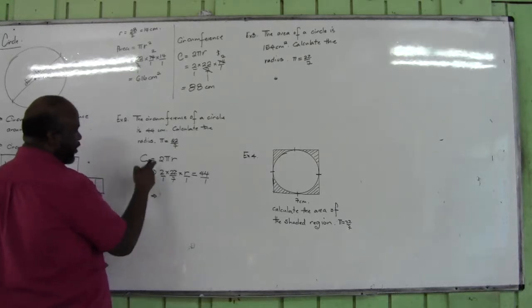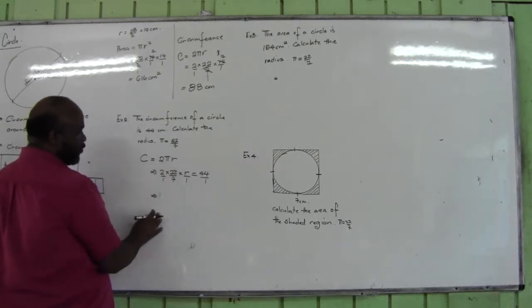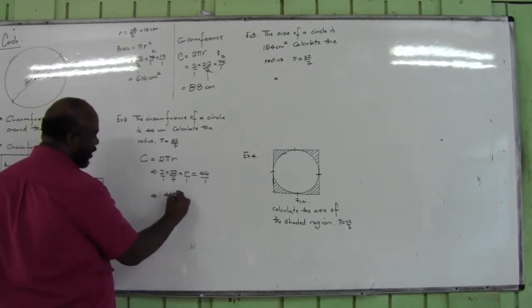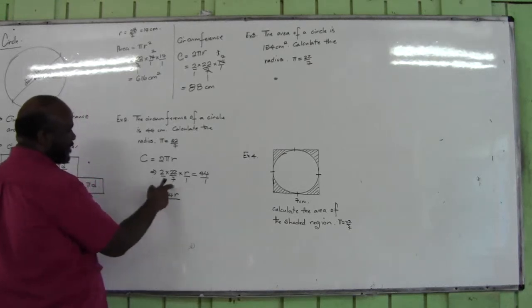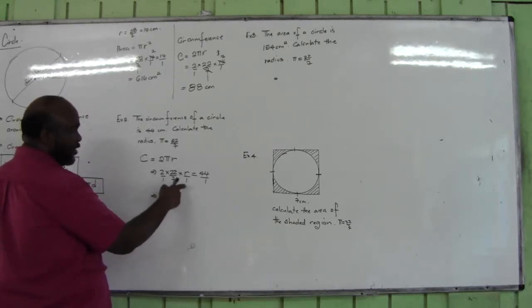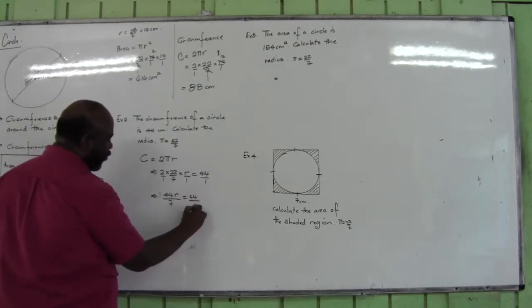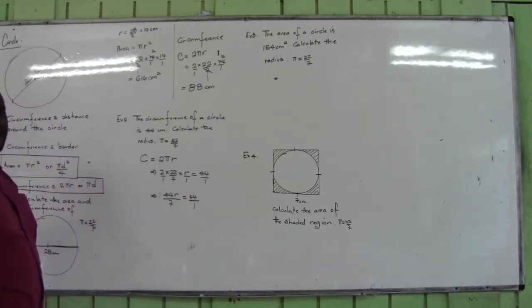Therefore, 2 times 22 is 44, so 44r. Down by the bottom, 1 times 7 is 7. So 44r over 7 is equal to 44 over 1. If I have one fraction equal to one fraction, what do I do?